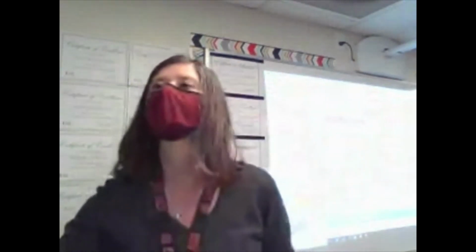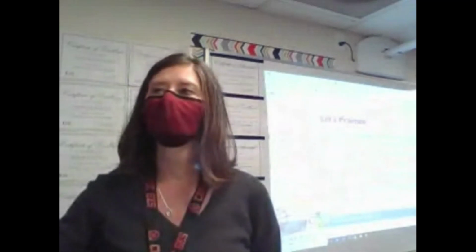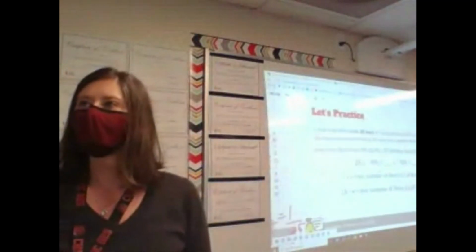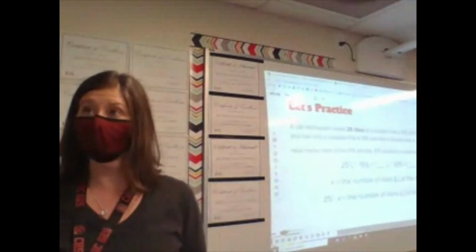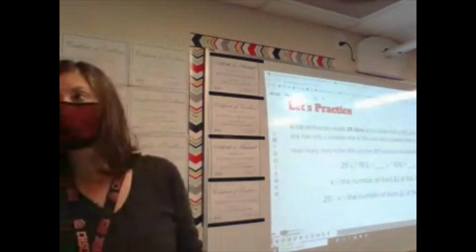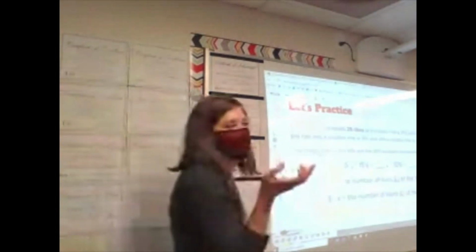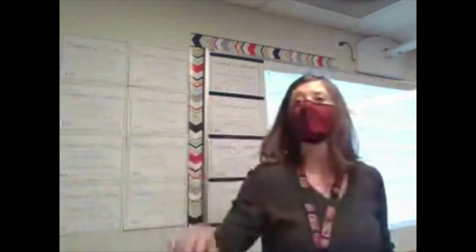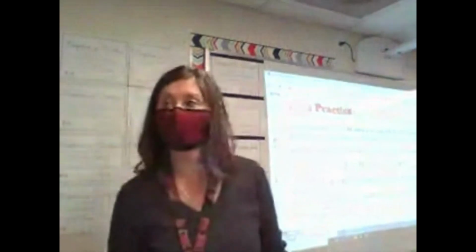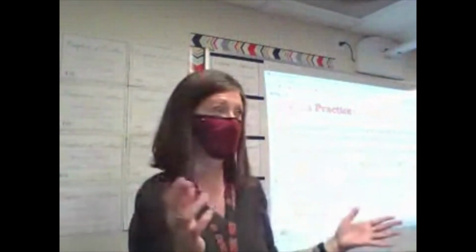Okay, so we've got this situation here. It says that a lab technician needs 25 liters of a solution. So this is like in some kind of chemistry lab. We need 25 liters of a solution that is 15% acid for an experiment we're going to do.